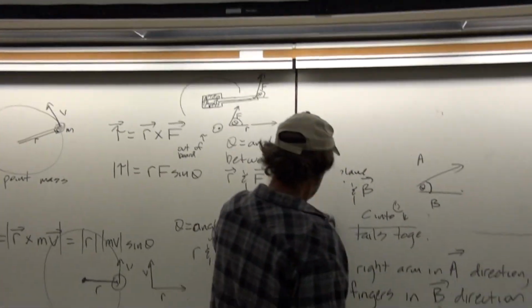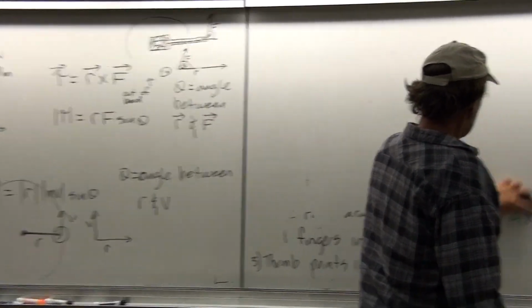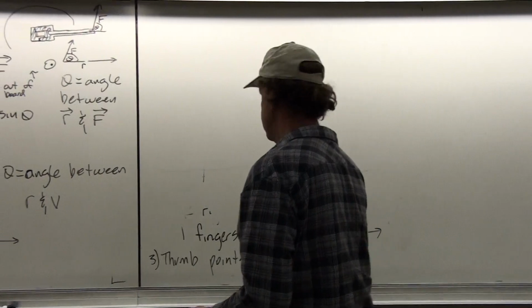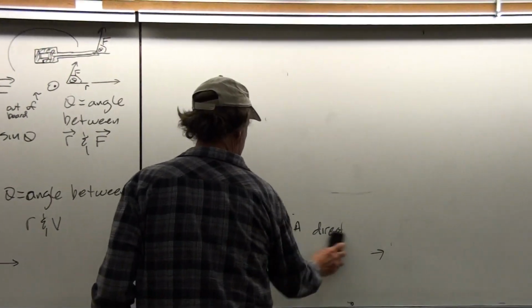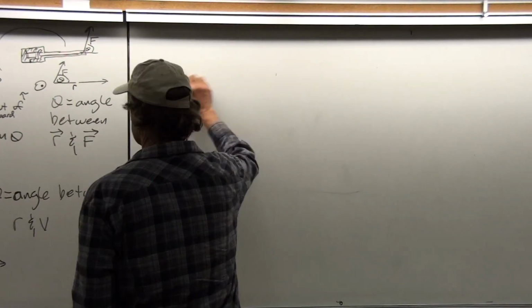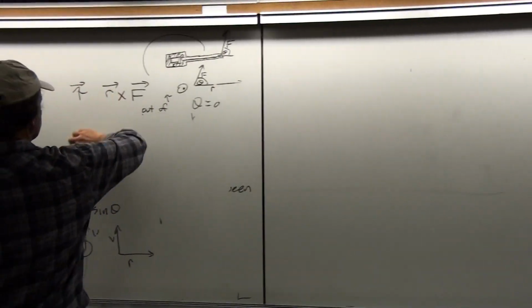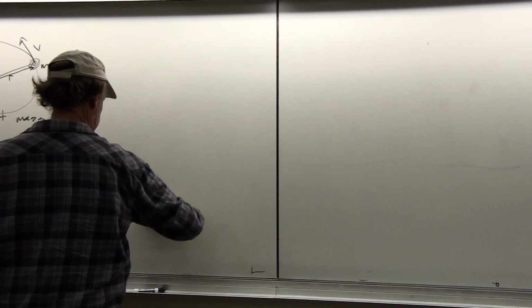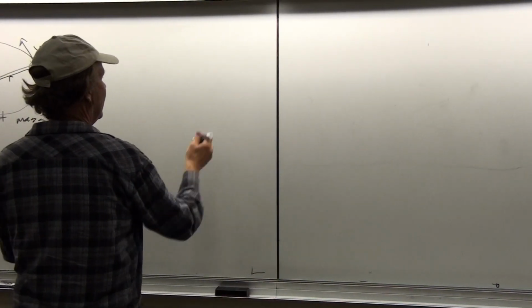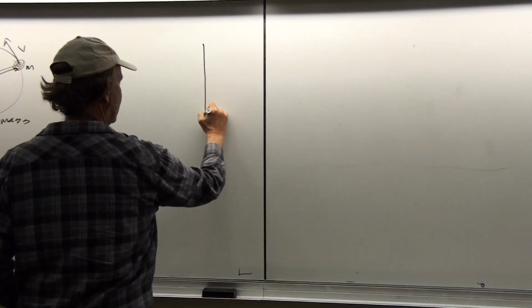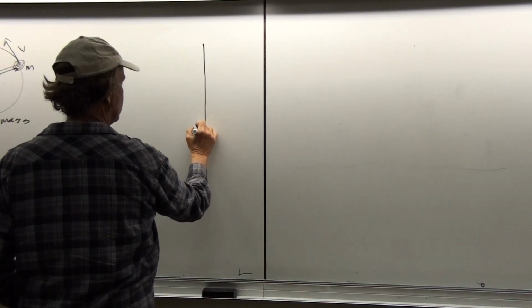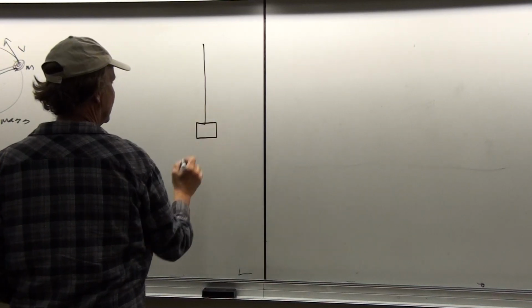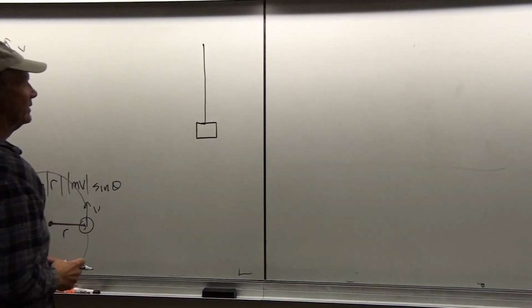Let's say that we have a bullet, and that bullet is moving toward a mass. And that mass is a big block that is hanging from a string, like this.